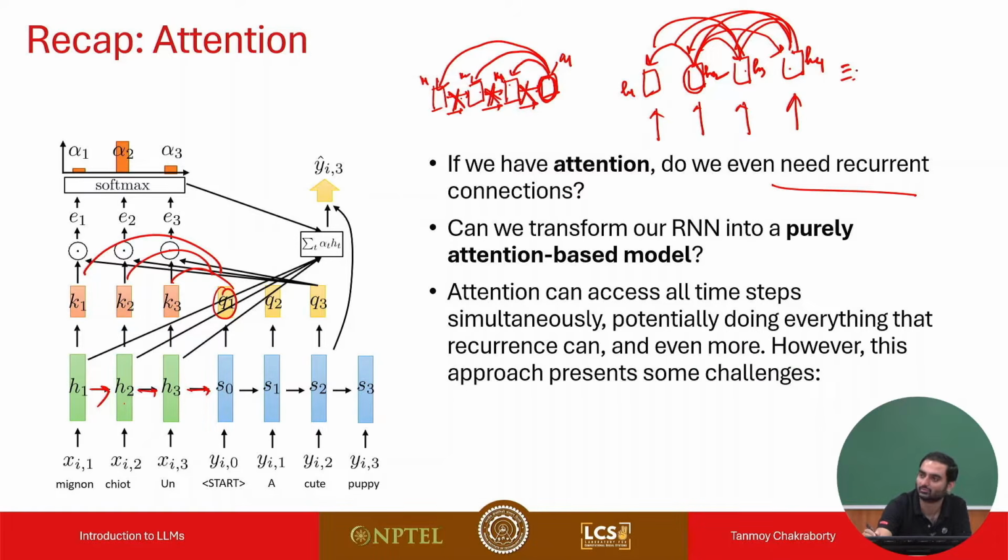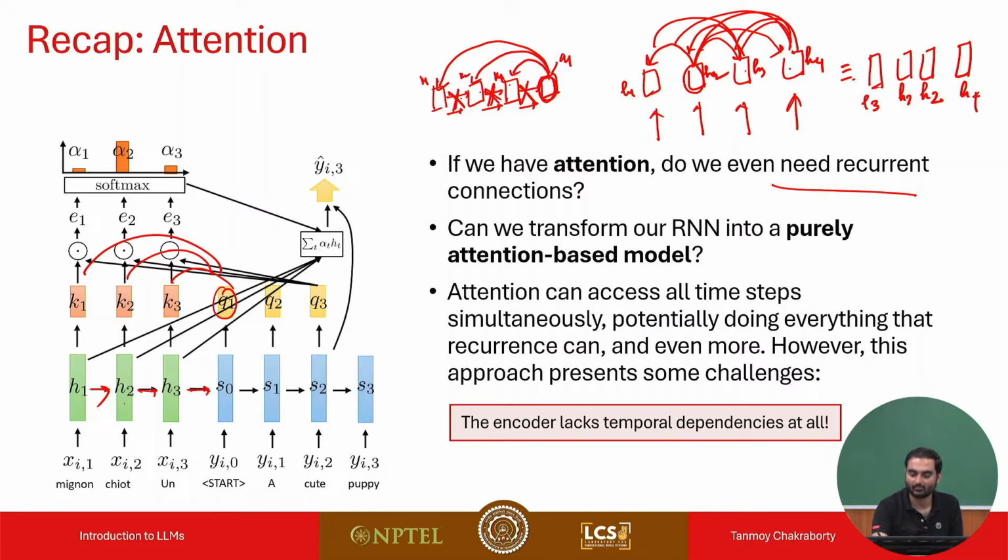So this is equivalent to another network where, let's say, this is H3, this is H1, this is H2, and H4. If you shuffle the hidden states, you get the same output because there is no dependency between the hidden states. It basically means that the temporal dependencies which are preserved in a recurrent neural network will not be preserved if we do self-attention, if we remove the recurrent connections. How do we address them? We'll discuss later.